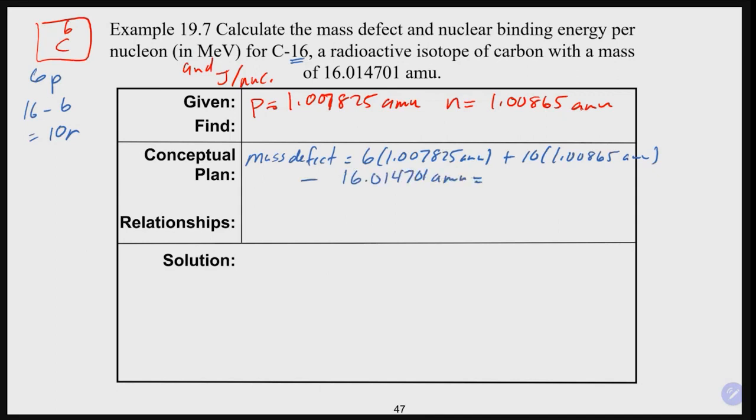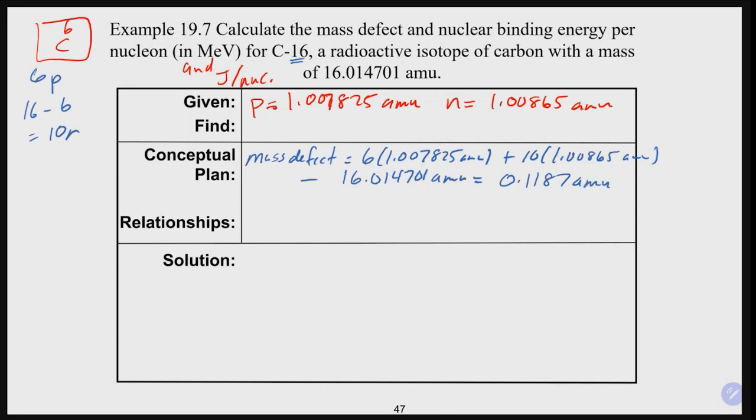All right, so if we do all that correctly here, it looks like a mass defect of 0.1187. Again, this is going to be converted into energy.